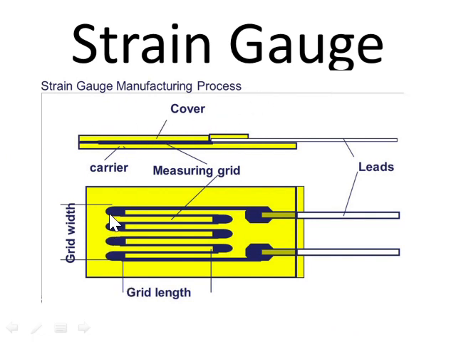That means every 5 kg of weight loaded over the strain gauge is equal to 1 volt of potential difference. Likewise, we can easily find the load.